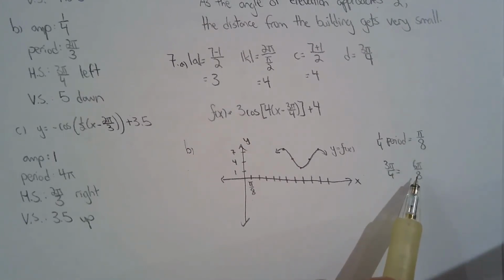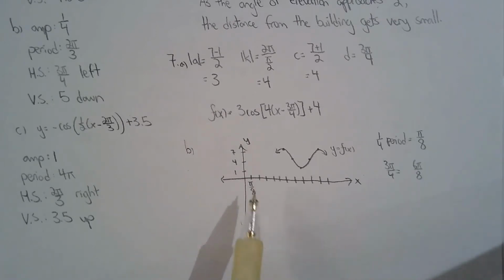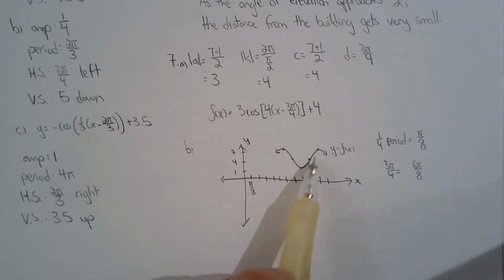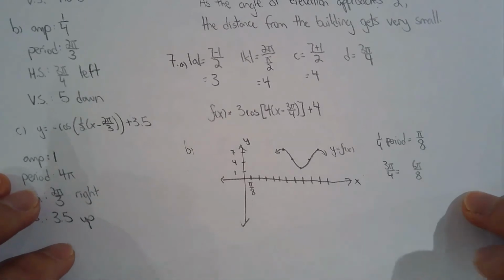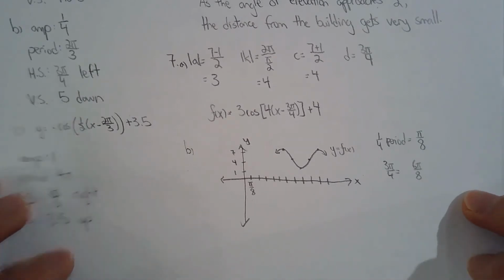So I am going to have my x-axis scale go up by pi over 8. Because if I do it correctly, then all 5 of these points that make up one cycle of my graph will lie where the grid lines intersect. Hopefully that's okay.